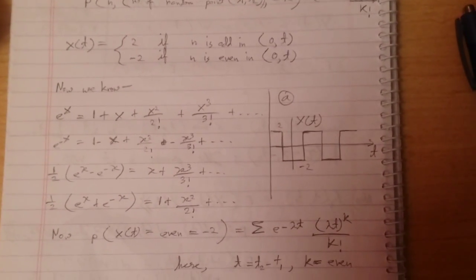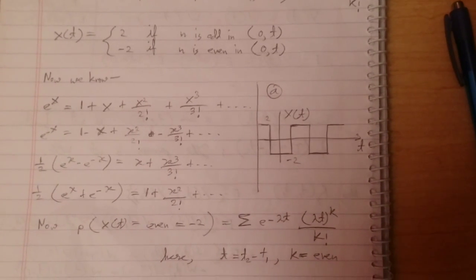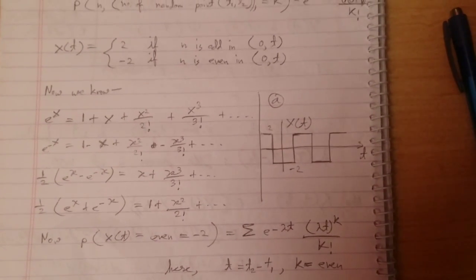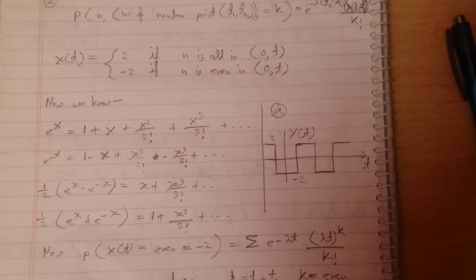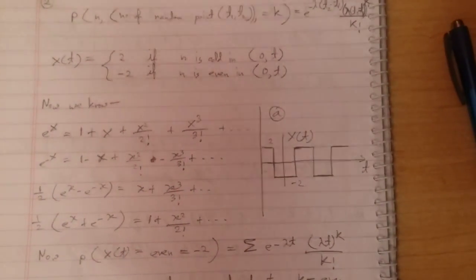So using that hint, we draw the sketch as xt starts from minus 2 and then goes to plus 2 and minus 2 periodically.